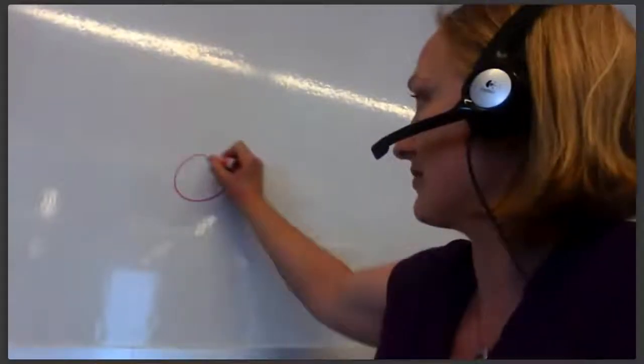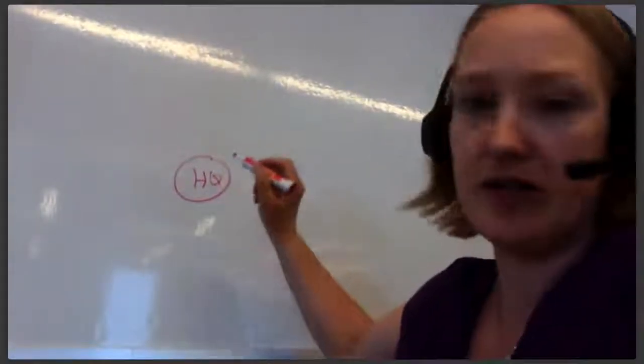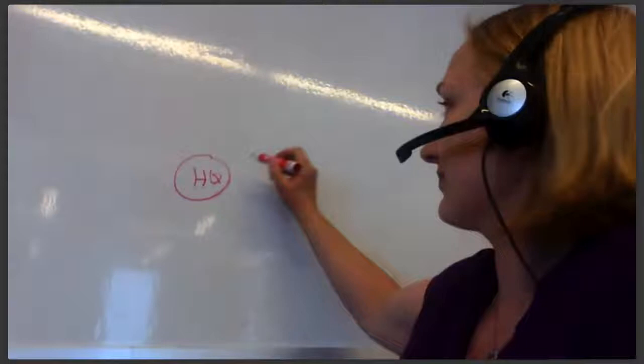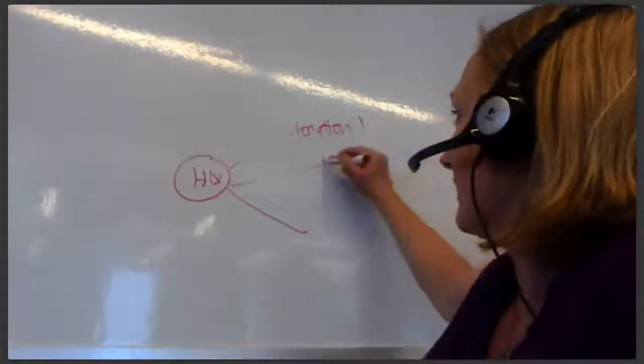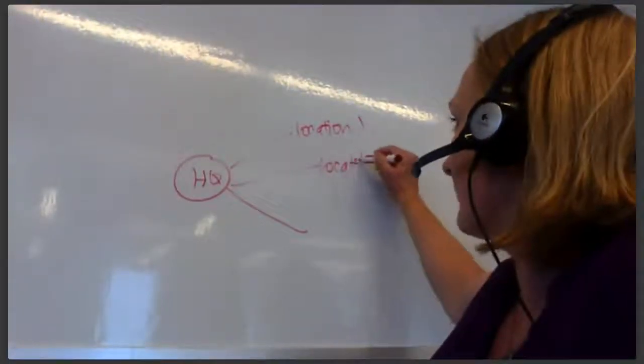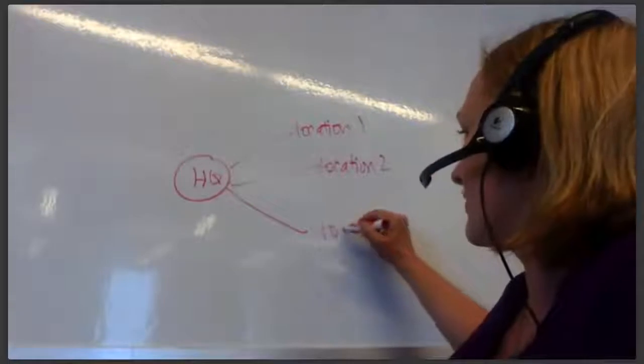I was actually going to show on a whiteboard, when you're thinking of an organization, you sometimes want to think this is the headquarters, and then these are different sub-organizations. So it could be location 1, location 2, and location 3.